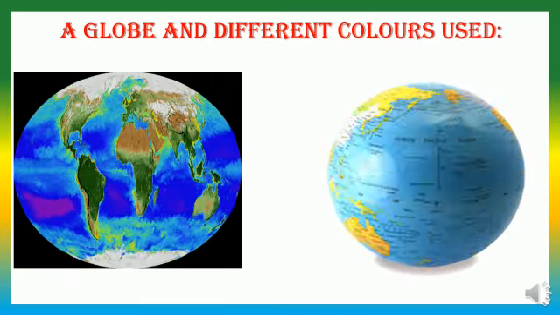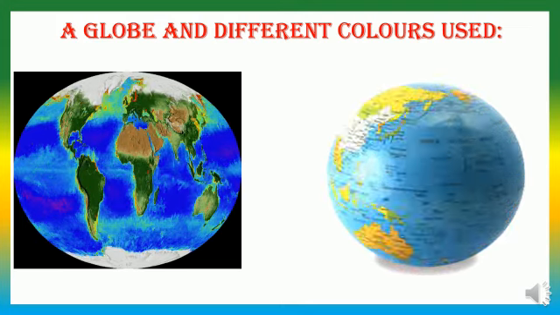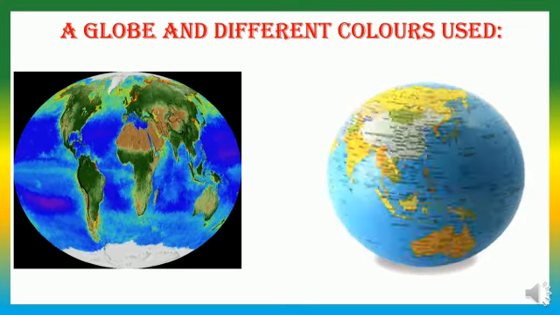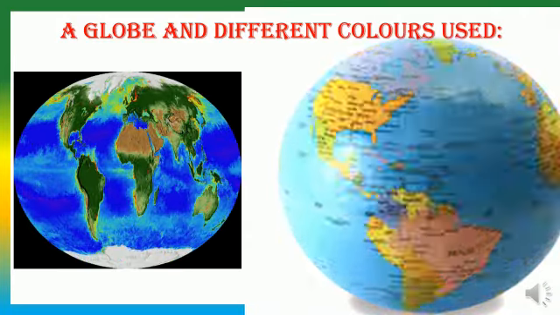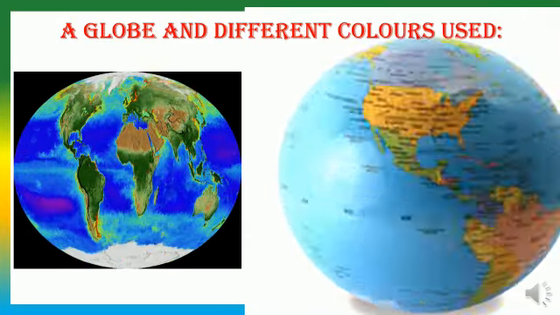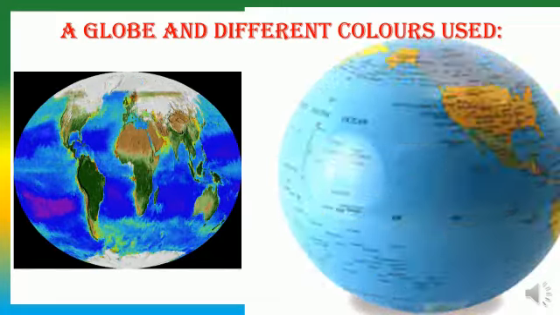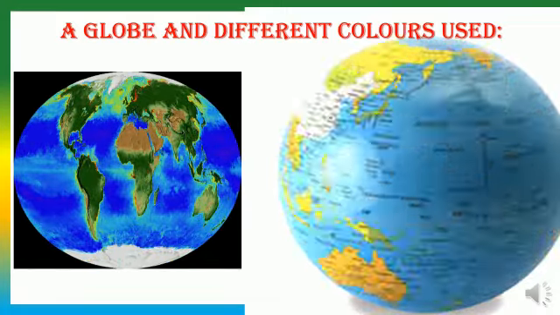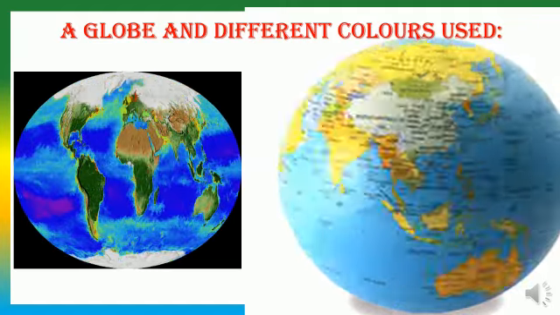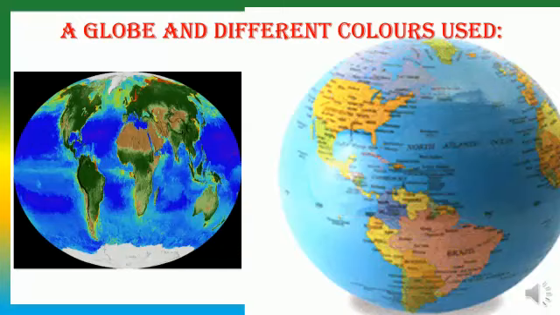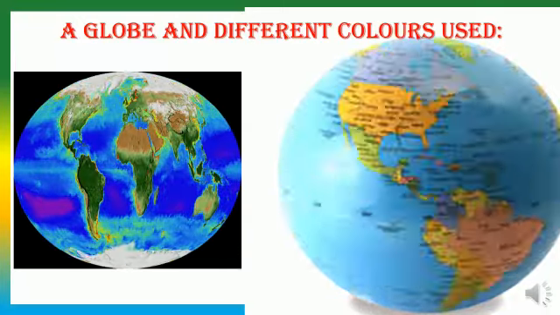Now tell me, when you look at this image of a globe, what all things you observe? Yes, we can see a world map and different colors used in it, such as blue, green, brown, yellow, etc. But do you know what these colors stand for?